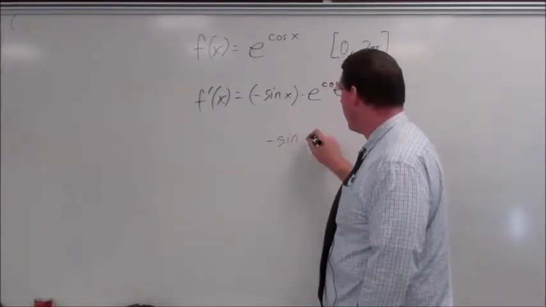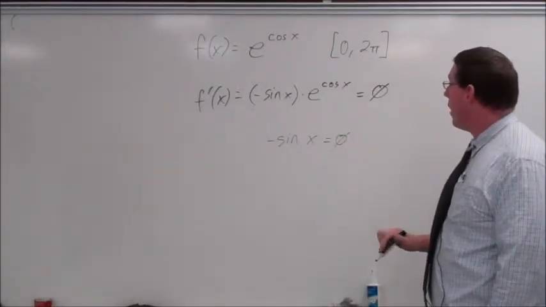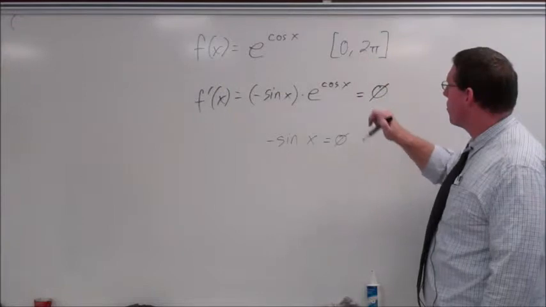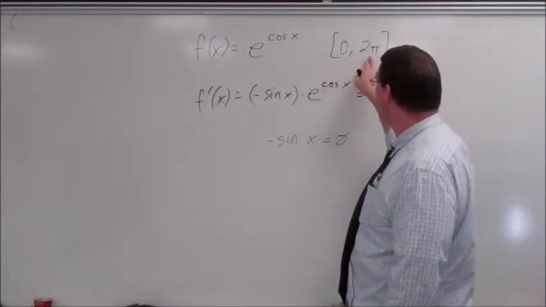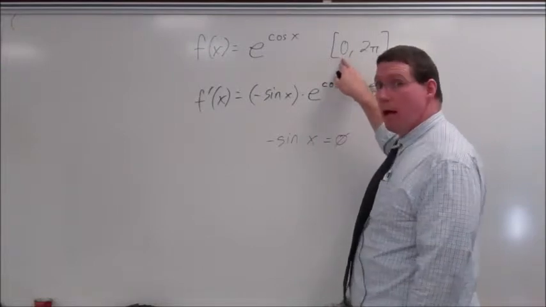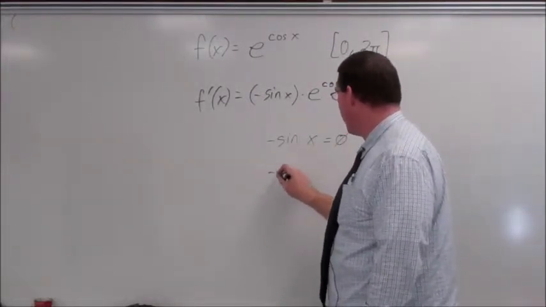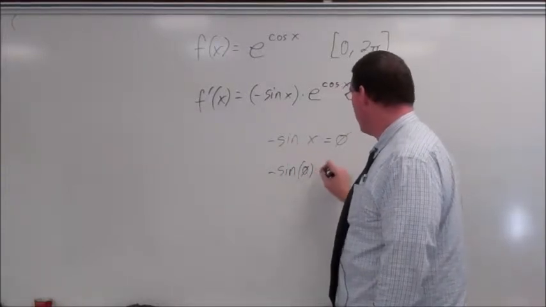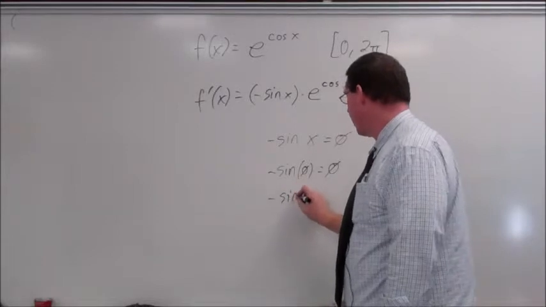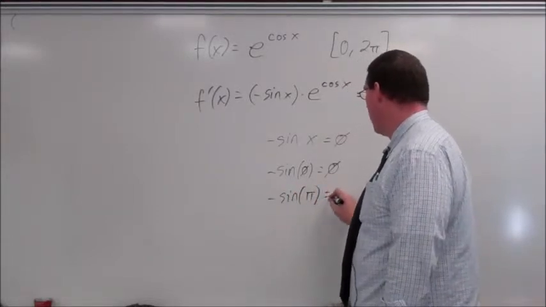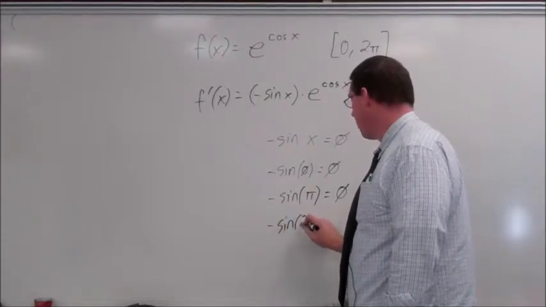So if we set negative sine of x equal to 0, and now if we think about on the interval from 0 to 2 pi, well, sine equals 0 between 0 and 2 pi at 0, because negative sine of 0 equals 0. It also equals 0, negative sine at pi equals 0, and sine also equals 0 at 2 pi.